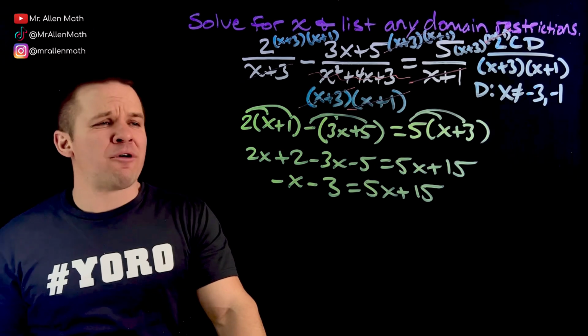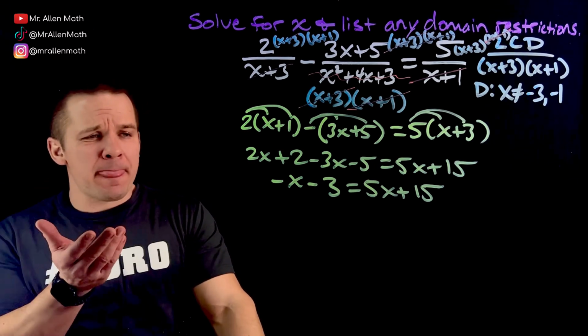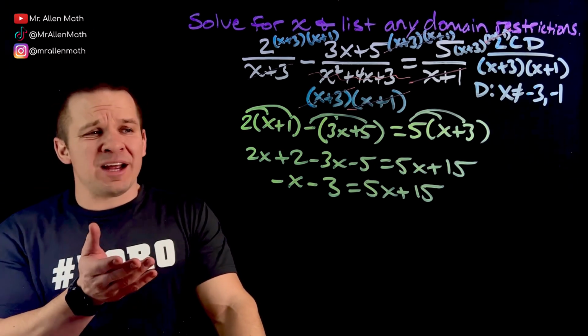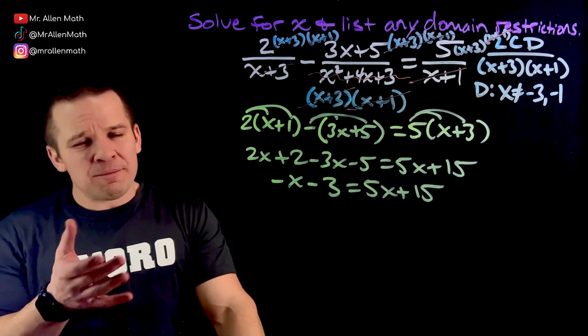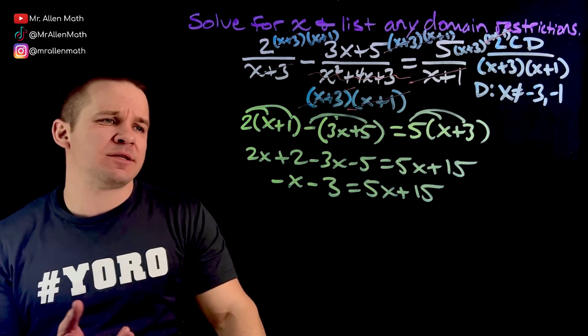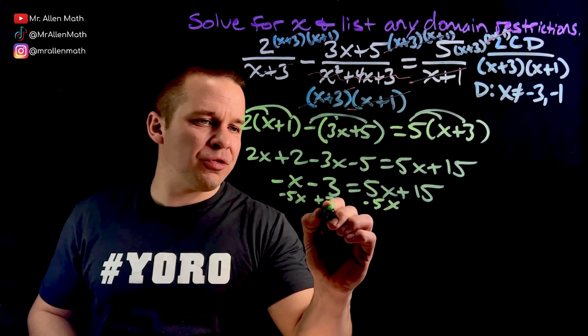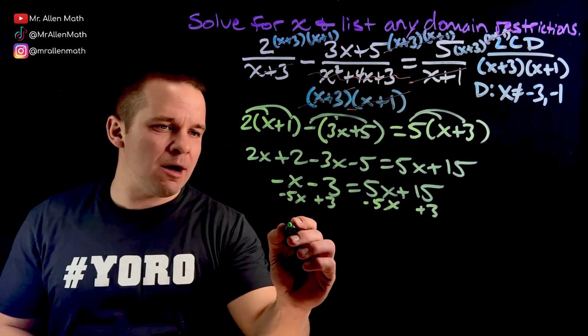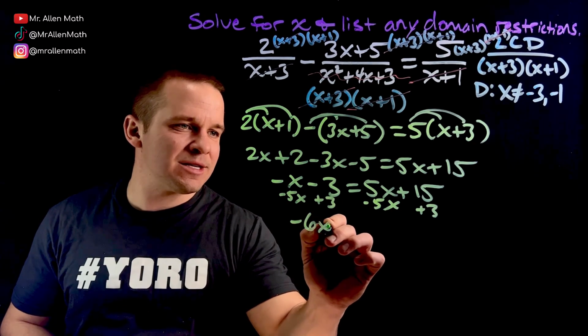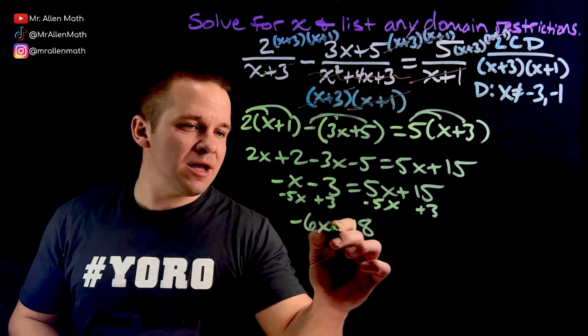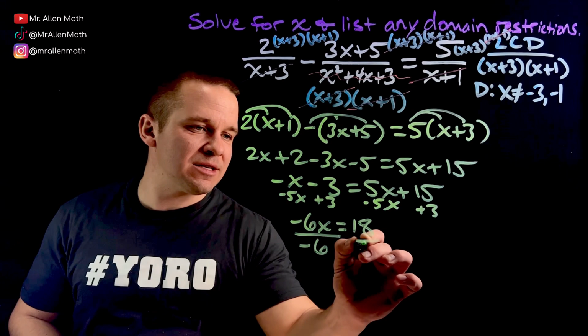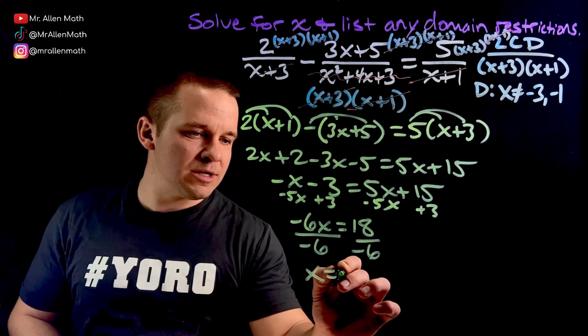Now I can solve for x. Most of us like to go to the left-hand side with our x's, so I'll subtract 5x on both sides and add 3 on both sides. Now I have negative 6x equals 18. If I divide by negative 6, I get x equals negative 3.